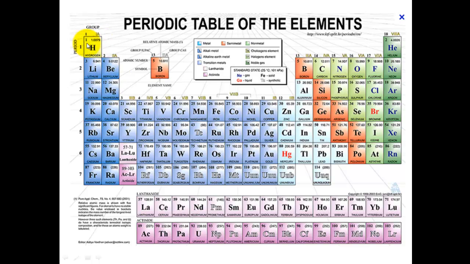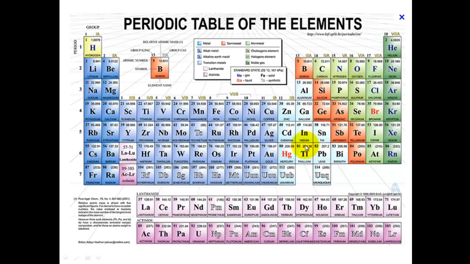Okay, so we can have a look at the periodic table now, and I can point to any element, for instance lithium, and you'll be able to tell me that it has 3 protons and 3 electrons. If I look at carbon, it has 6 protons and it will have 6 electrons in an uncharged atom.